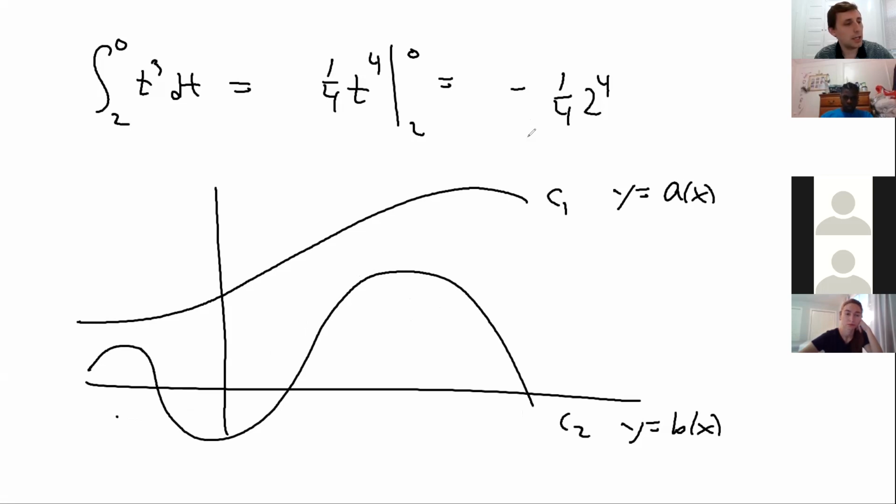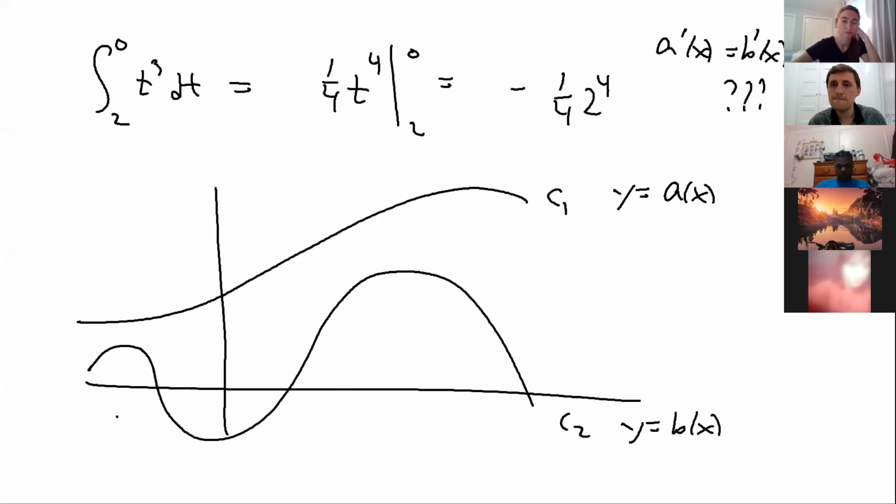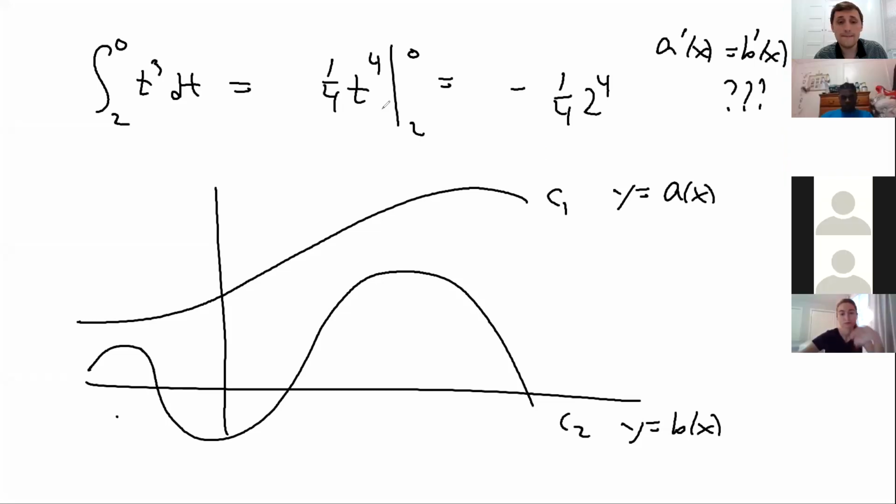In other words, can I conclude that a prime x equals b prime x? I didn't give you a formula, guys. So how do you know you can conclude the answer is no? You're so certain. What makes you certain that the answer is no? I would like you to explain to me, if you could.